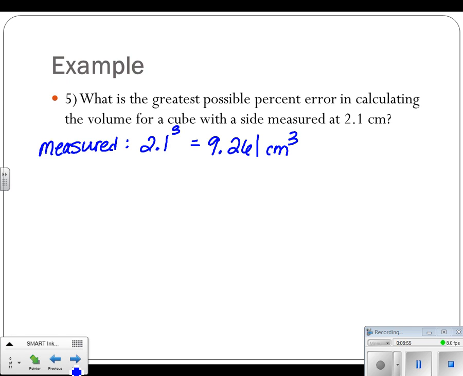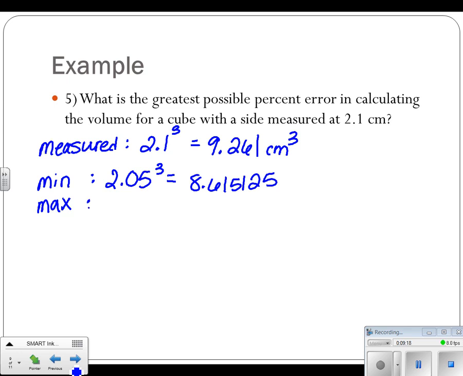Now if we're looking at the minimum and the maximum, your minimum is half below. Half below that would be 2.05 cubed, which would give you 8.615125.